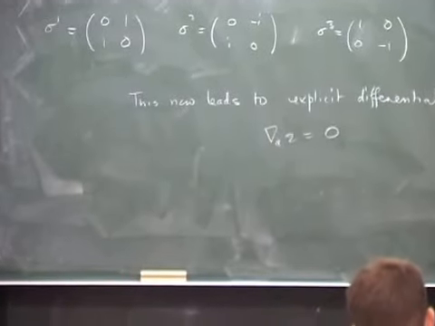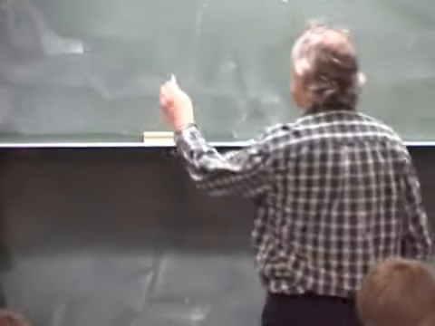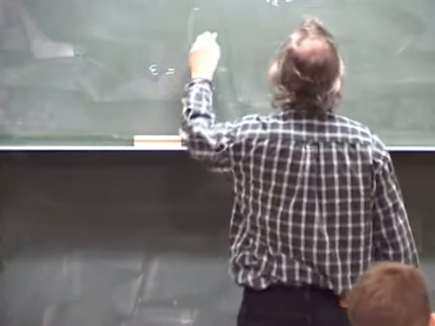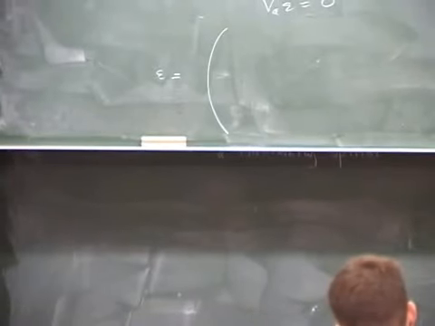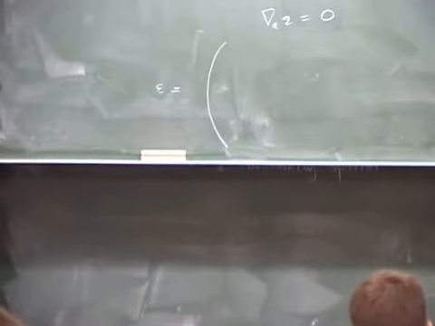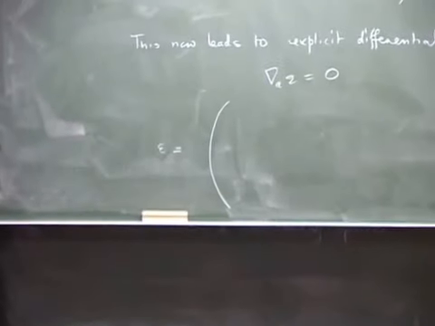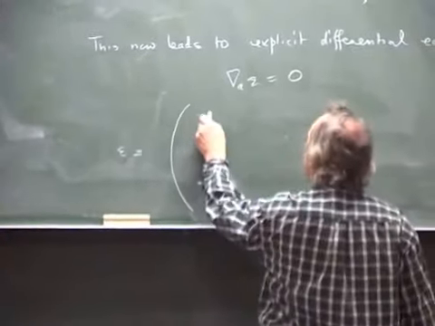With my representation, you will discover that epsilon is equal to. Now, if you look at the third example sheet, you will discover that I set an example to verify what I'm about to write down. I think it's right. I don't think I've got any sign mistakes in it.